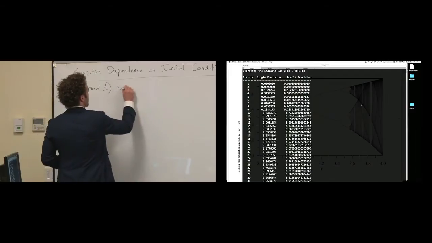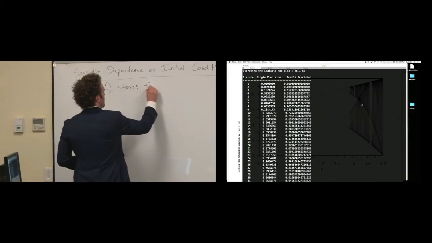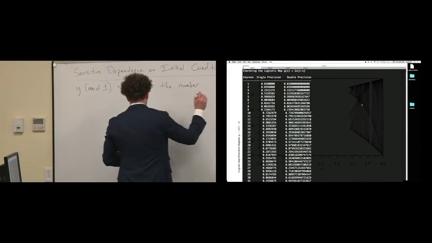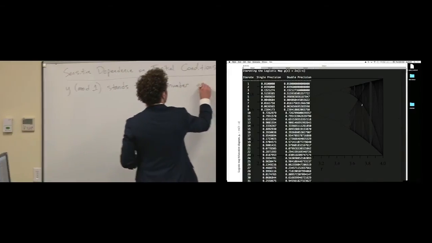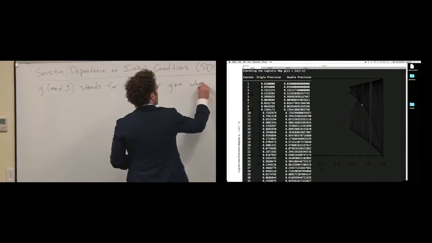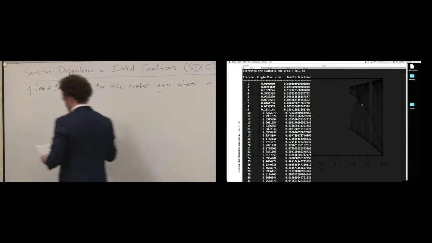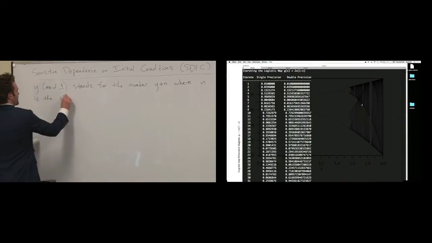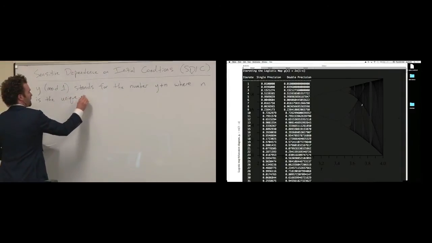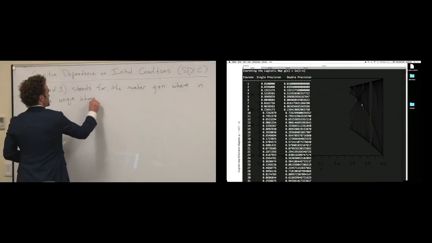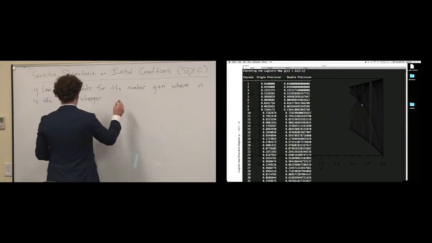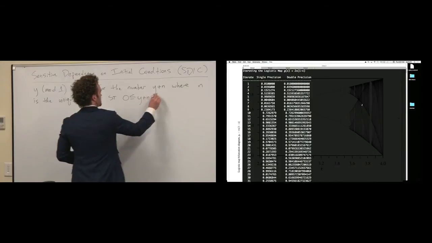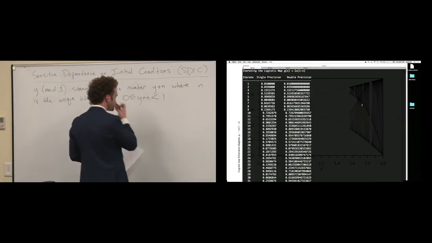This stands for the number y plus n, where n is the unique integer such that 0 is less than or equal to y plus n is less than 1.